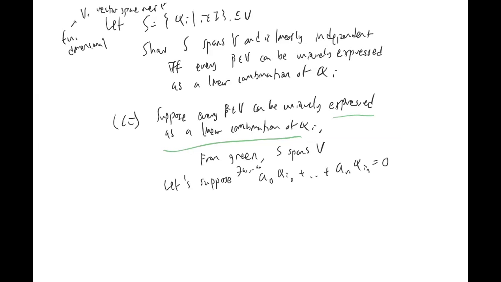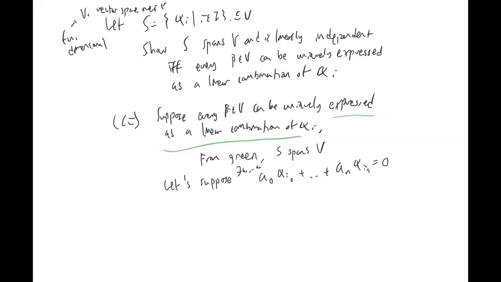How do I show that a_0 to a_n must be 0, using my assumption? There's one thing I haven't used yet. What is that? There's one thing in the green underline.